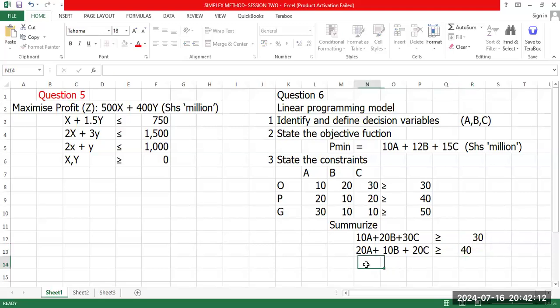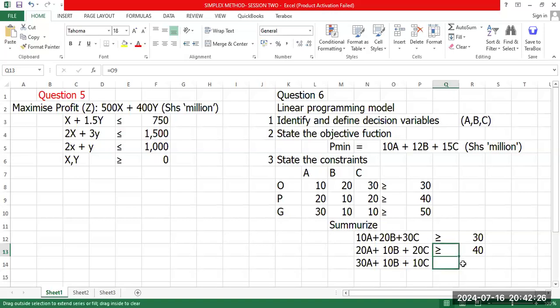Then the next one is 30A plus 10B plus 10C, which should be greater or equal to 50.